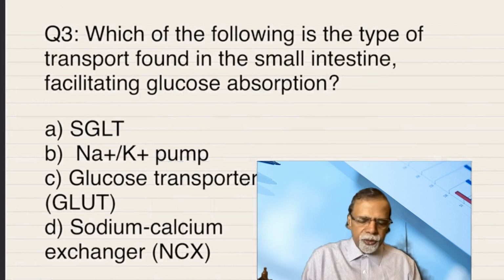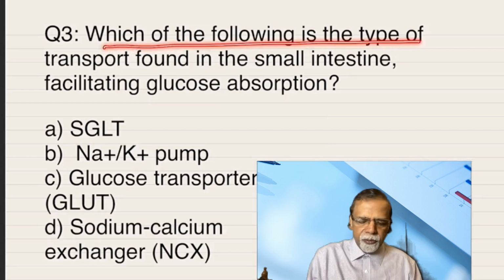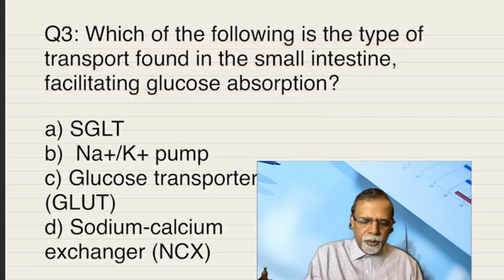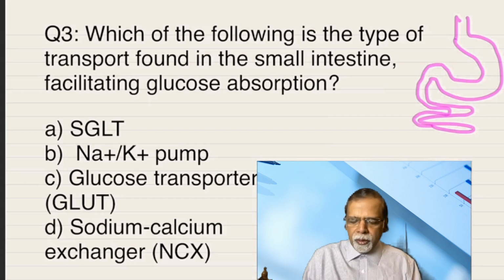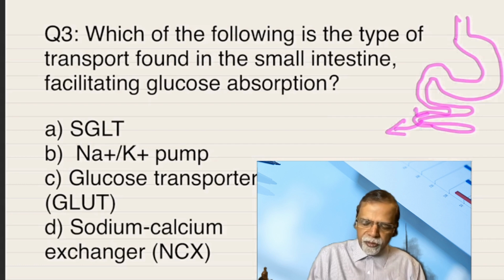Now we go to the next question. Which of the following types of transport is found in the small intestine facilitating glucose absorption? When you consume a carbohydrate meal, it reaches the small intestine from where the glucose gets absorbed. So let us take a cell from here.